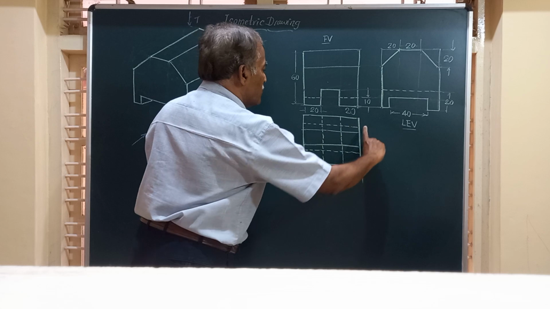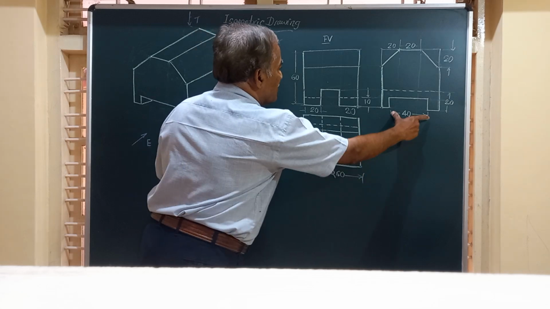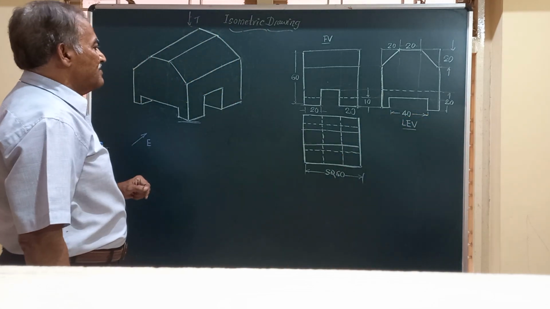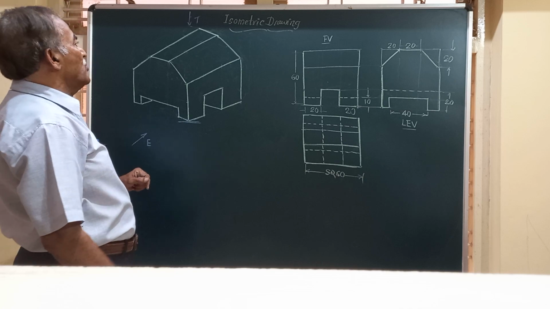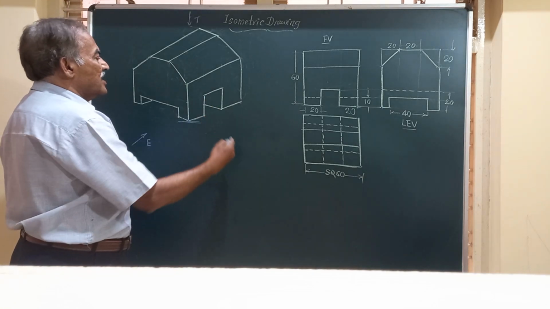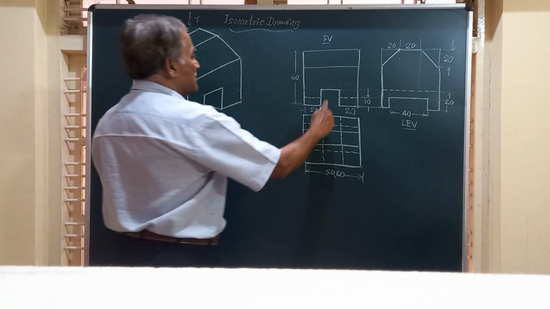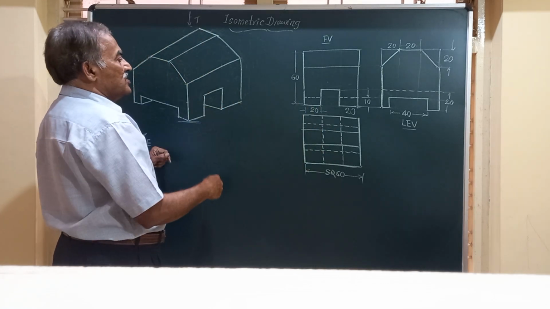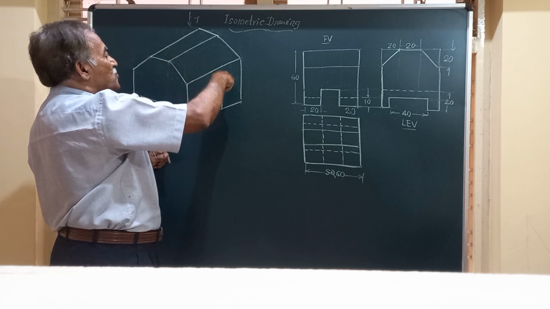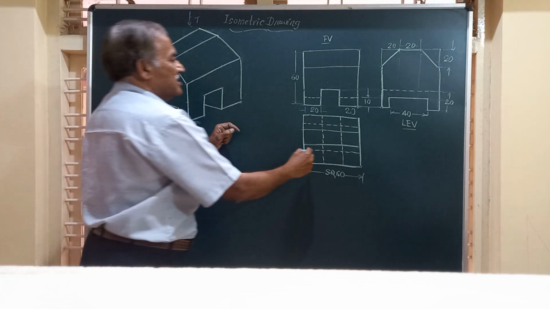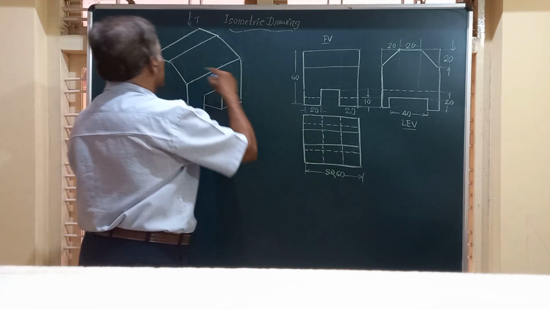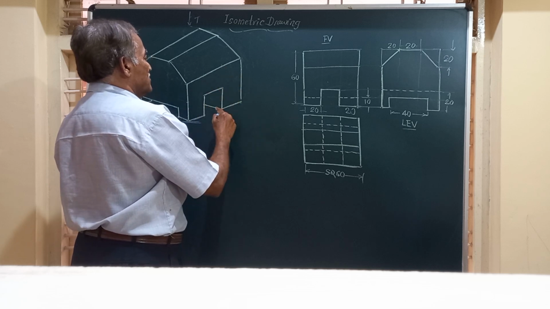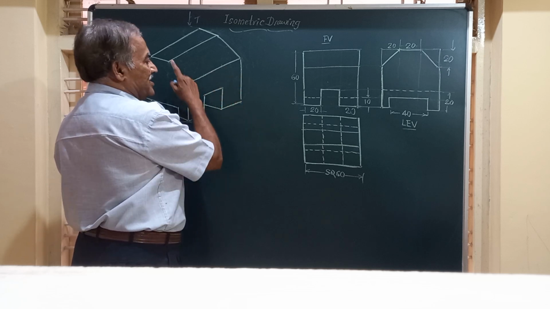At what distance? This is a distance of 40 millimeters. And friends, there is also one more square slot in the front. This square slot is this slot, and in the top view, that is seen as two dotted lines from these two corners perpendicular to these horizontal lines. So these two are perpendicular.